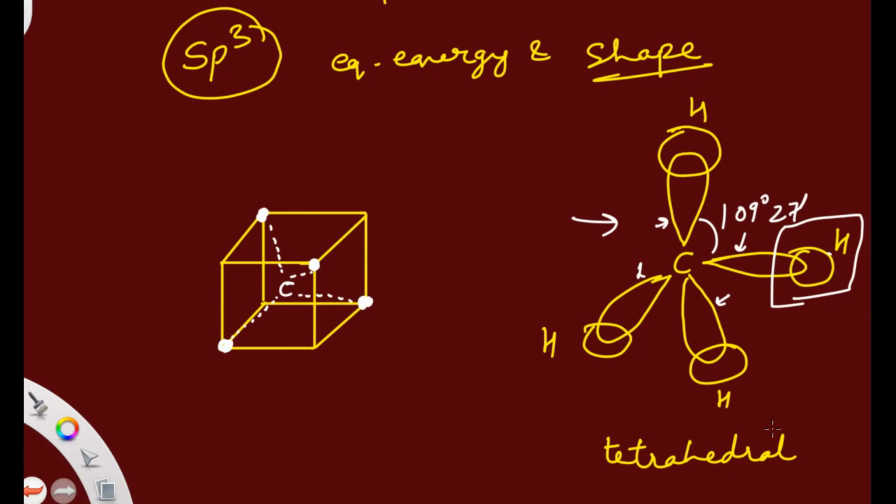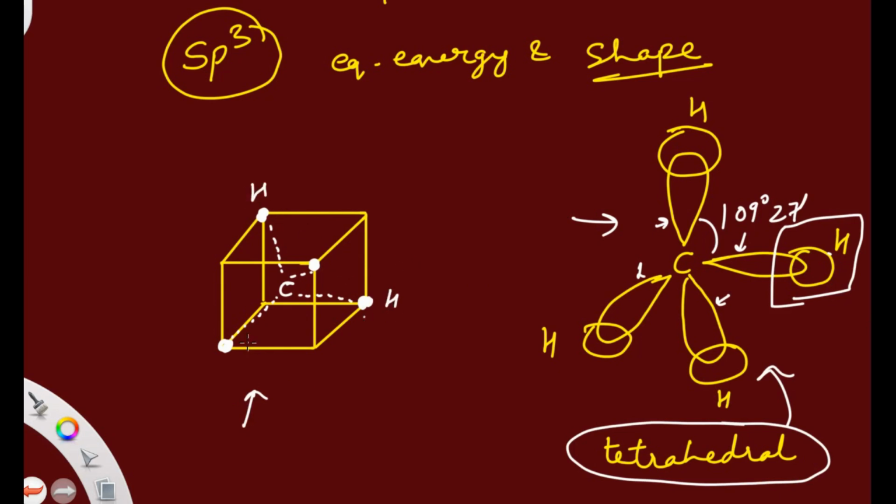The shape is tetrahedral, but this is not the actual shape. This is the shape that you can draw on a 2 dimensional sheet. In reality, the actual tetrahedral shape is like this. Take a cube and put hydrogen on alternate corners, and put the carbon atom at the center.